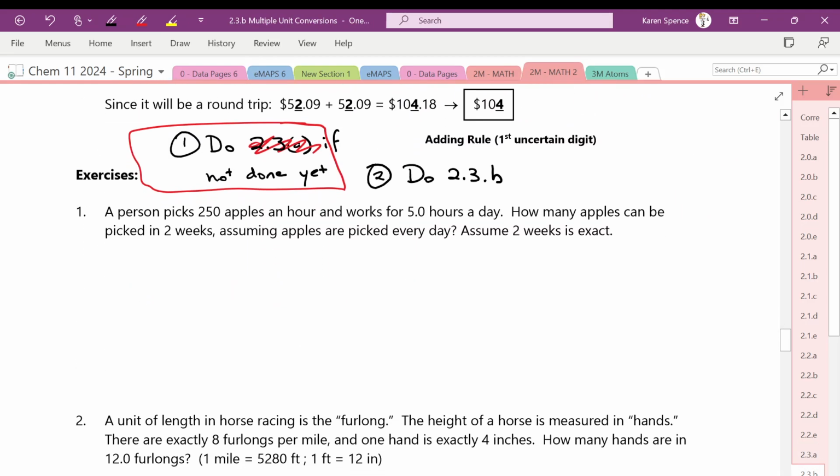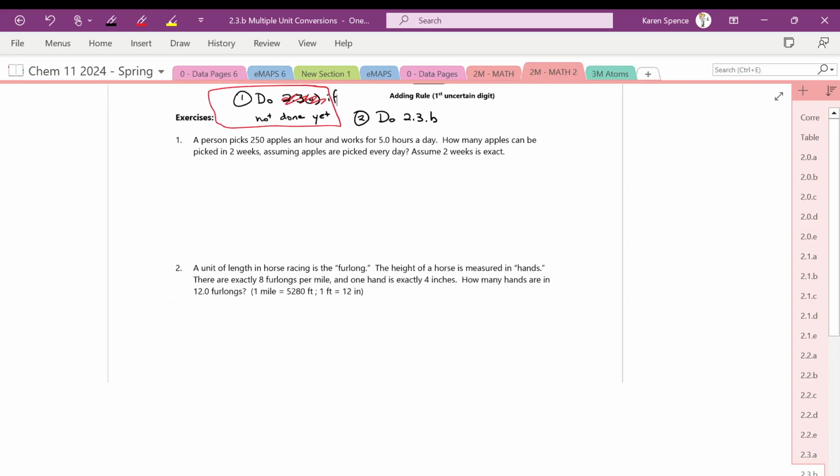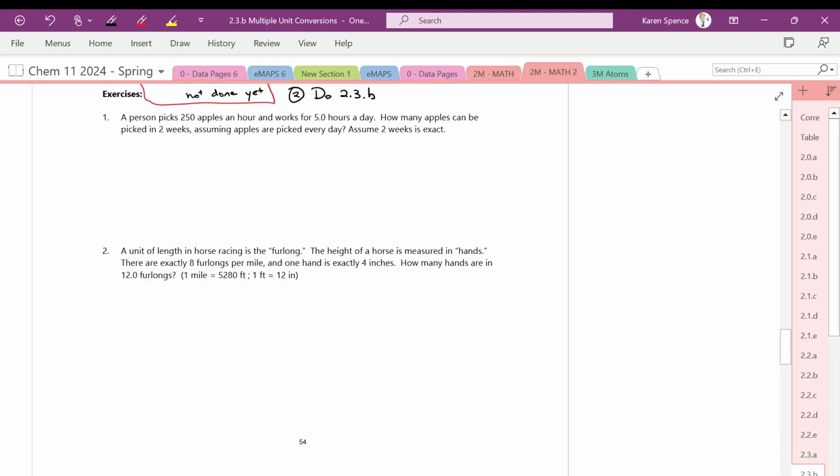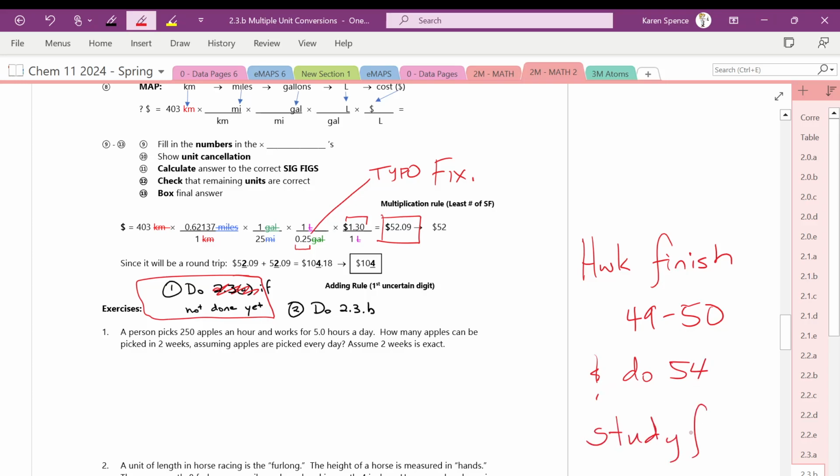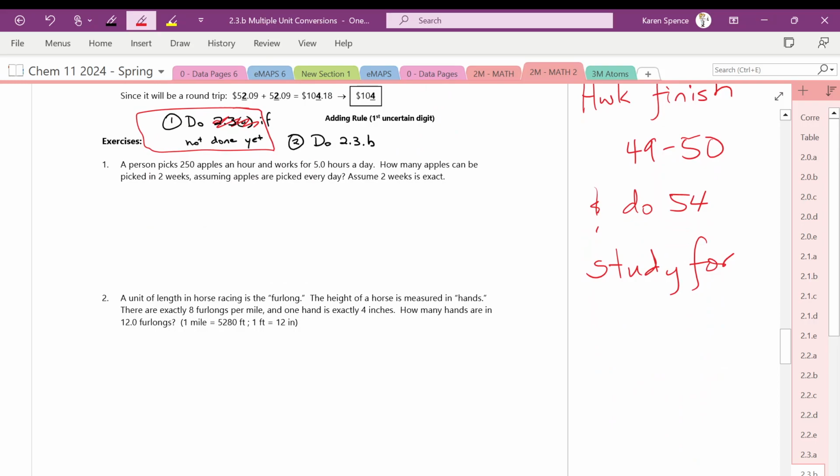And you're going to do questions 1 and 2 on page 54. So the homework: finish 49 to 50, do page 54, and study for your quiz. There we go.